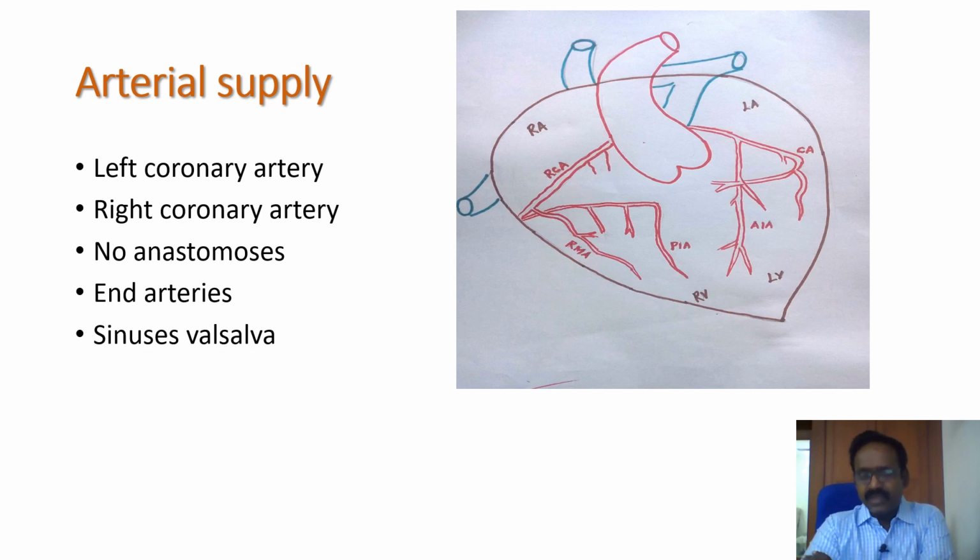So the heart gets blood supply during systole also. This is important for the heart receiving blood during systole and diastole. The heart receives more blood supply during diastole compared to systole, but during systole it also receives some amount of blood.